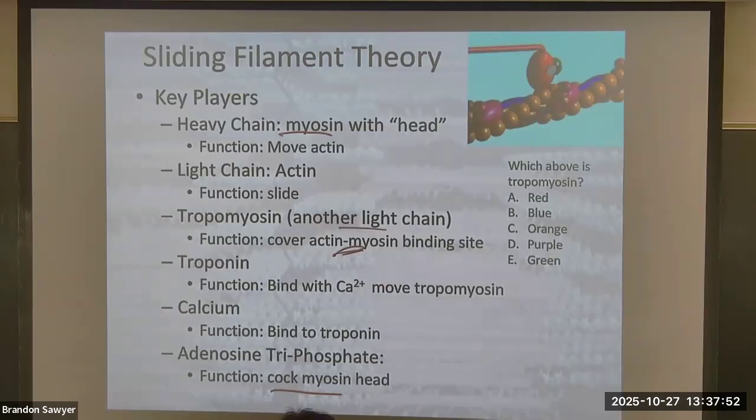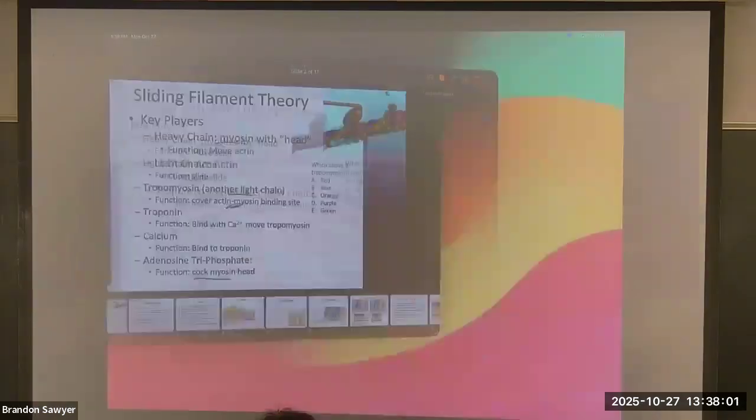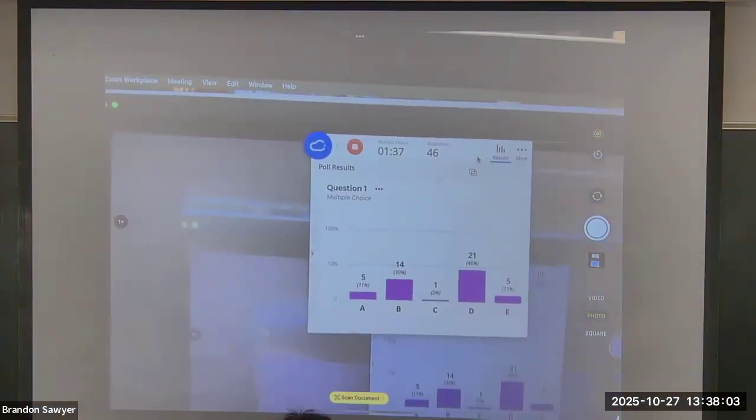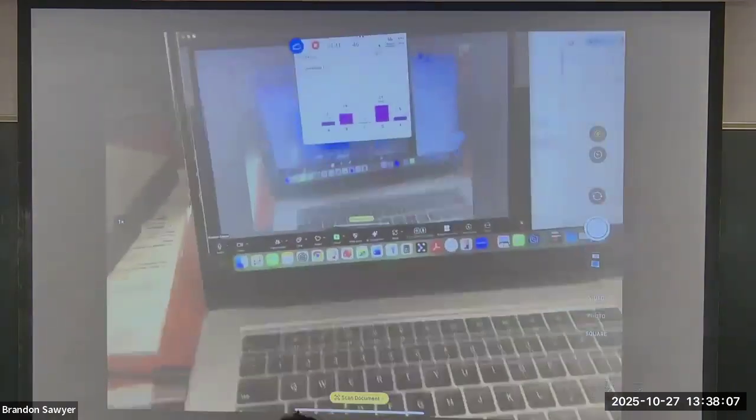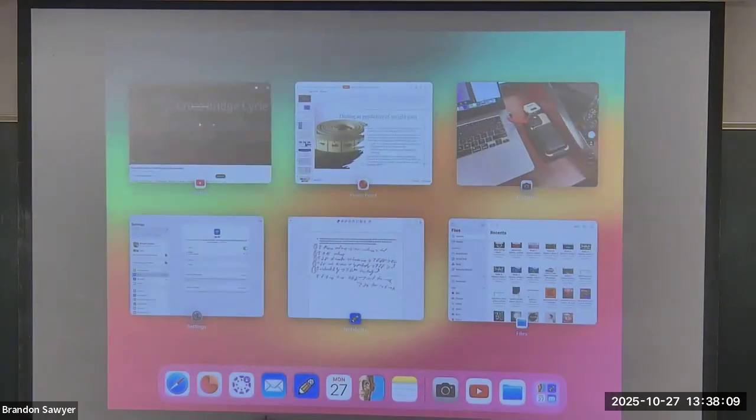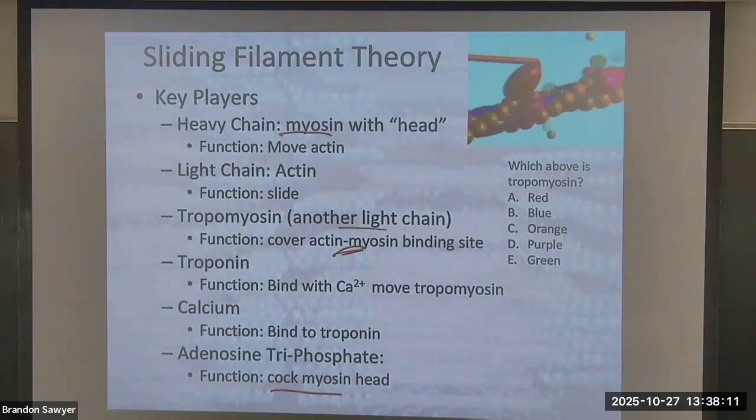They are kind of weird colors. There we go. I think we almost got everybody, we got 46. Let me show you what you guys got here. So we're between B and D with those two.